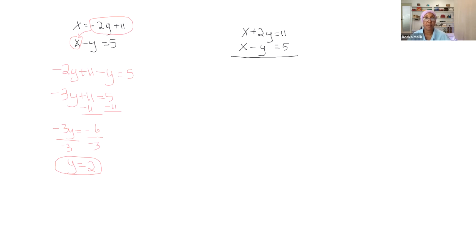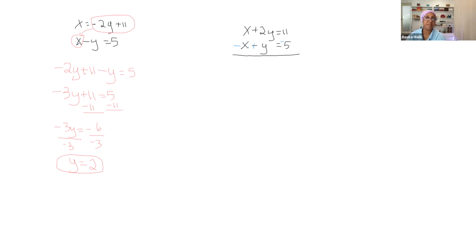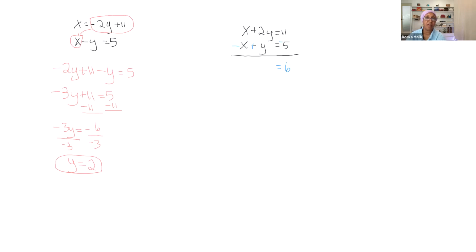The plus will now be a minus. This minus will now be a plus. This plus will now be a minus. And I would add these two equations. 11 minus 5 equals 6. 2Y plus one more Y is 3Y.